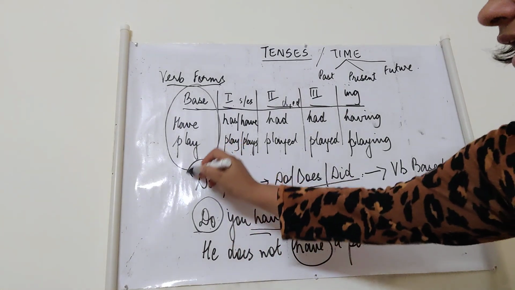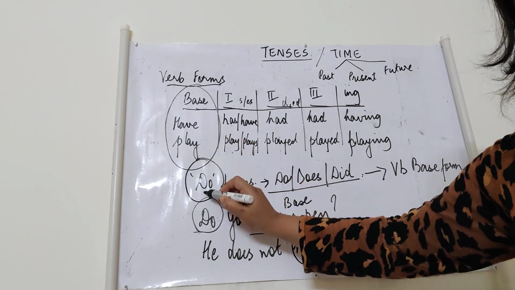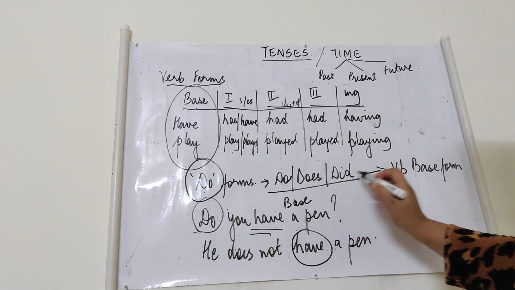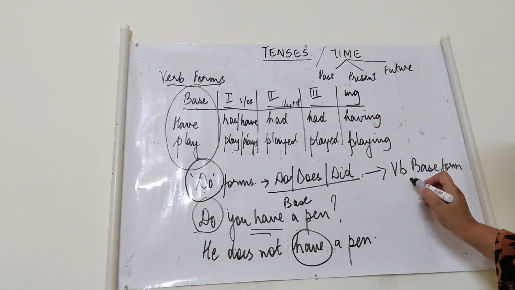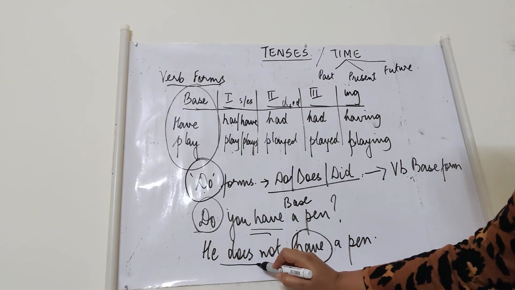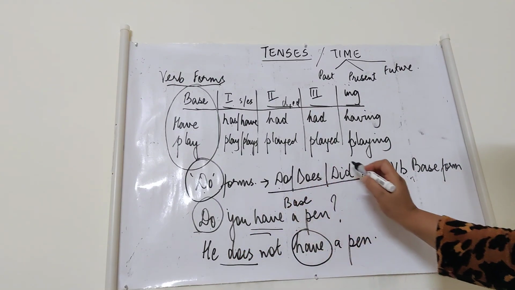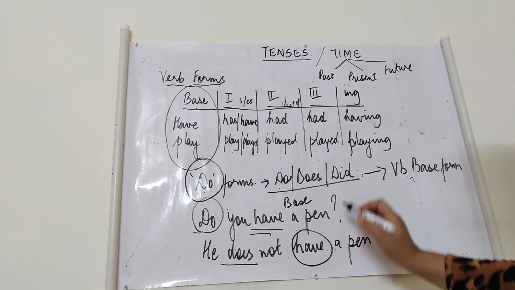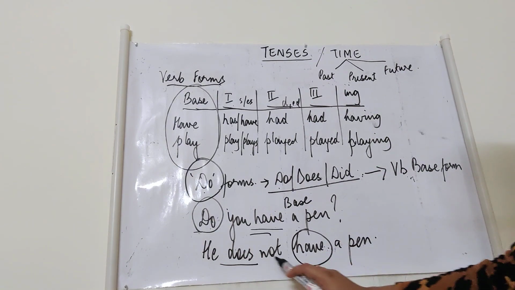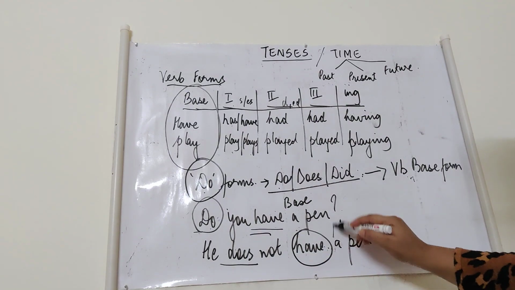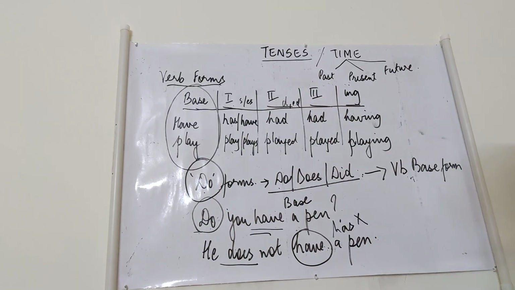So similarly, I tell my children that do form ko kya pasand hai? Base pasand hai. So do form is always followed by verb's base form. Whenever in a sentence you have do form, maybe do, does, did, always and always it will be followed by the verb base form. So like if you see, he does not have a pen, has will be wrong.